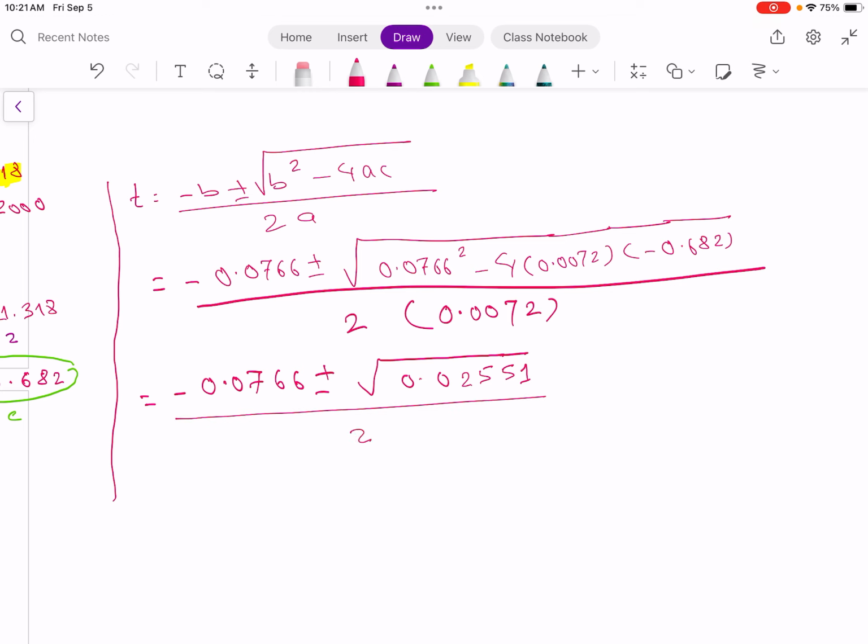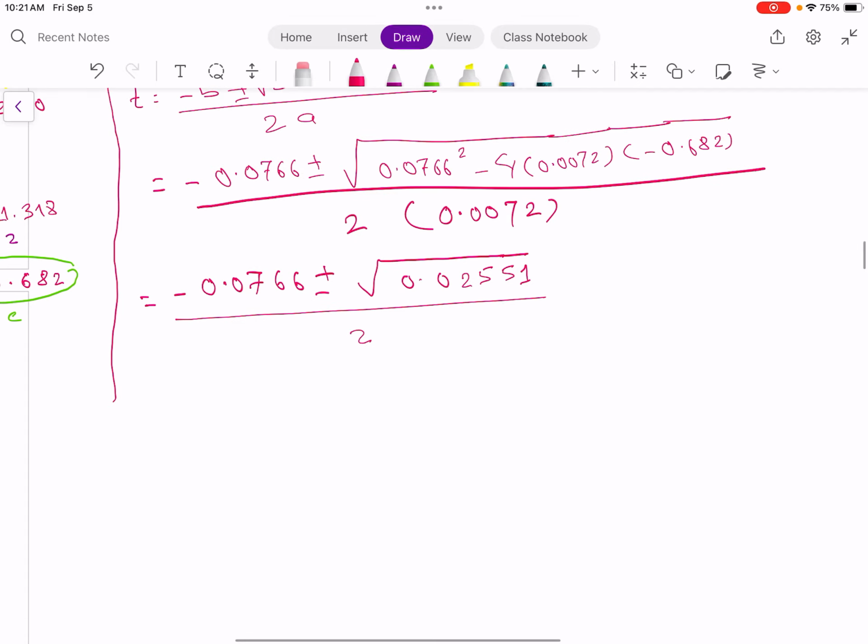And if you need help with this, just let me know. Now let's find the square root of that number: negative 0.0766 plus or minus the square root of 0.02551.